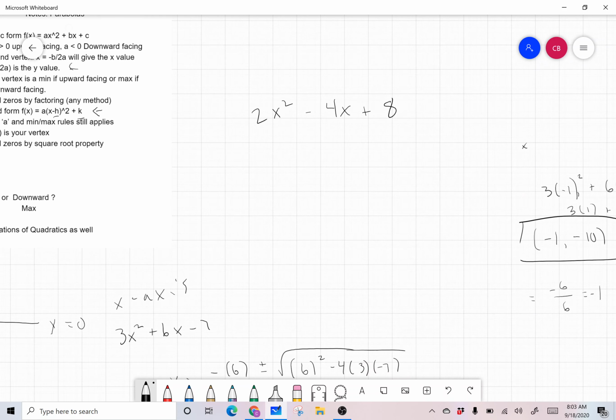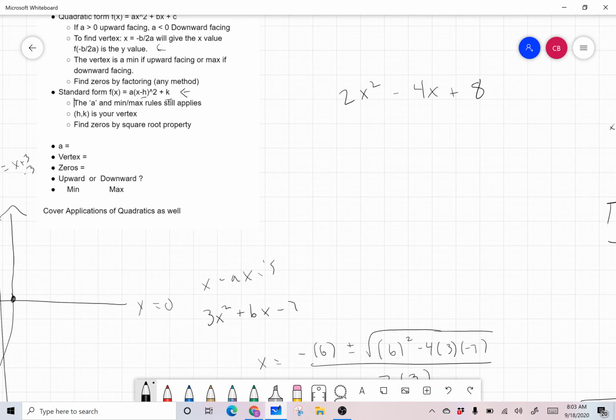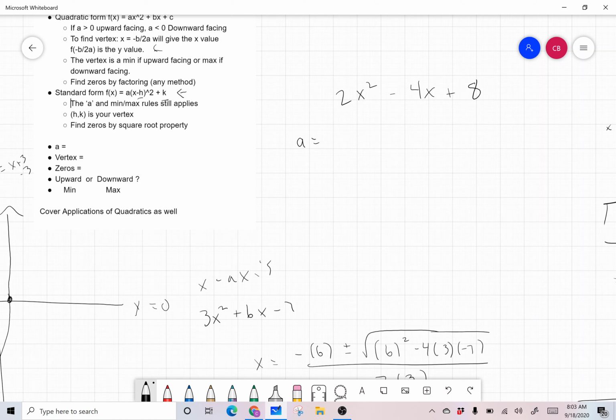So if we want to find A, here it is 2. Obviously, it's the number with x squared. We want to find the vertex. x equals negative b, which is negative 4, this is b, divided by 2 times 2, which gives us positive 1, because 4 divided by 4.